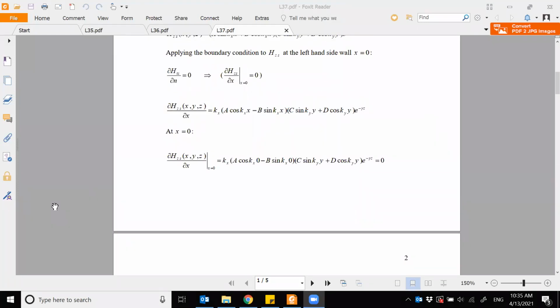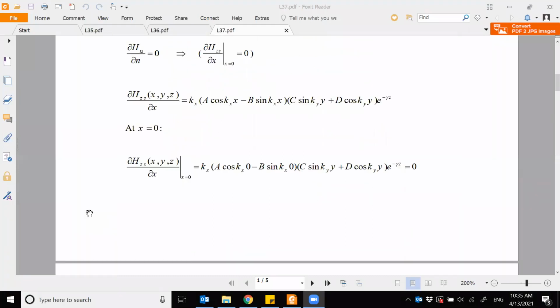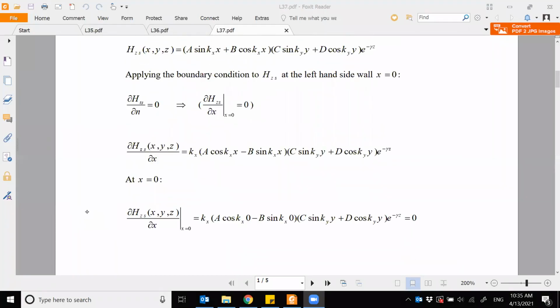We are applying the boundary condition at this side wall, X equal to 0. So we apply the boundary condition to HZS at X equal to 0.